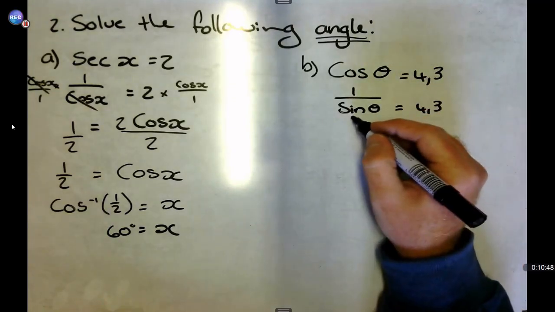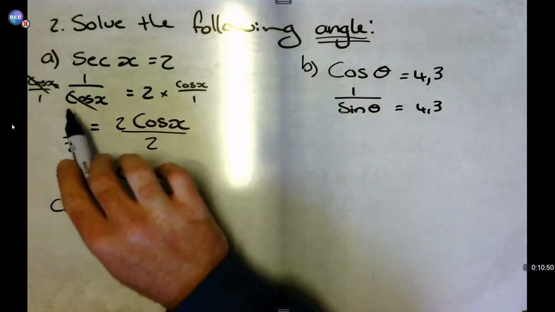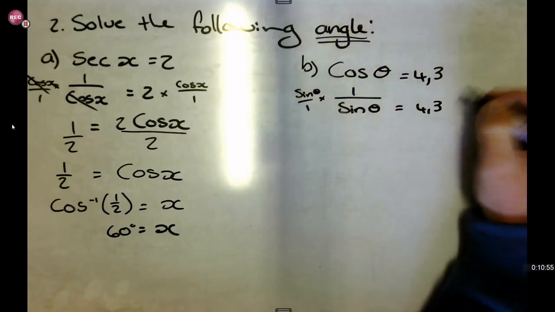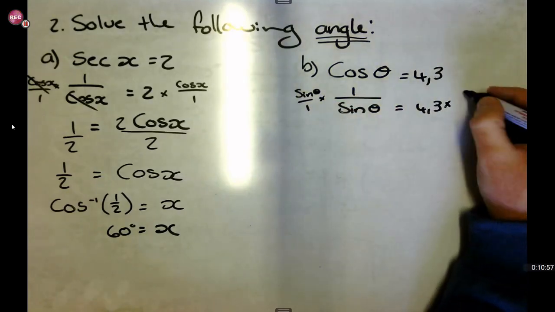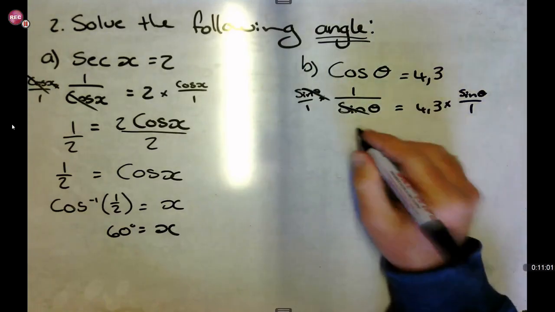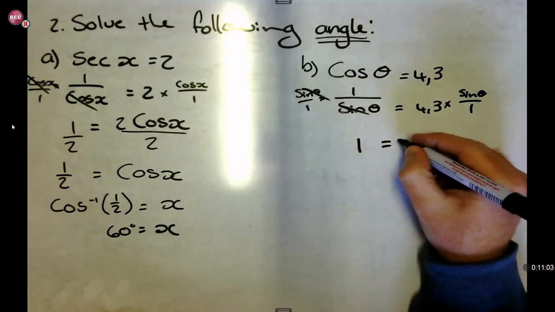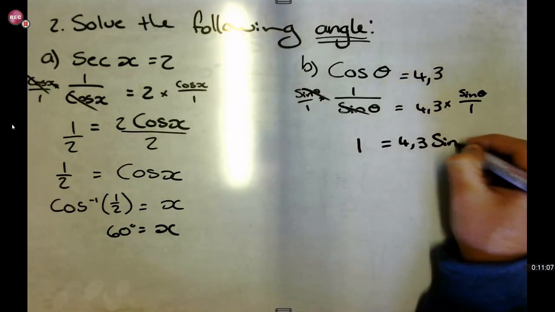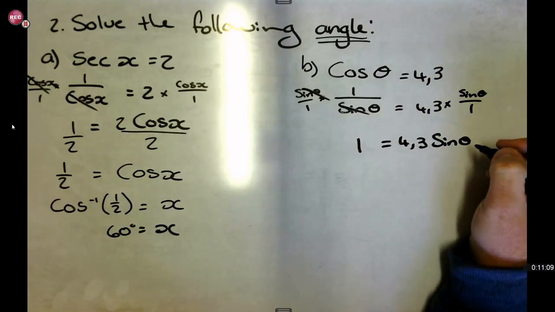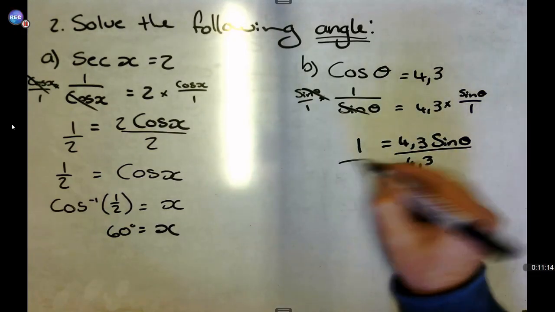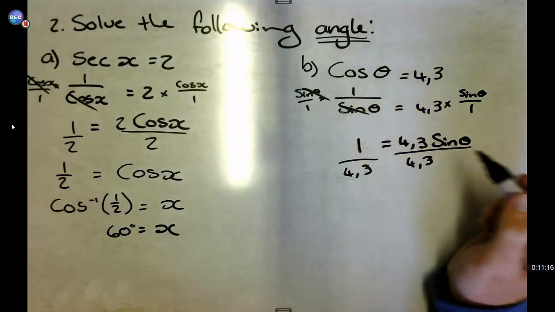You want to get rid of sine, like you've done with cos over here. So you're going to multiply with sine theta over 1. What you do one side, you need to do the other side. This cancels out. So on this side, we've got 1 equals 4,3 sine theta. You need to get rid of the 4,3, so we divide by 4,3 both sides.